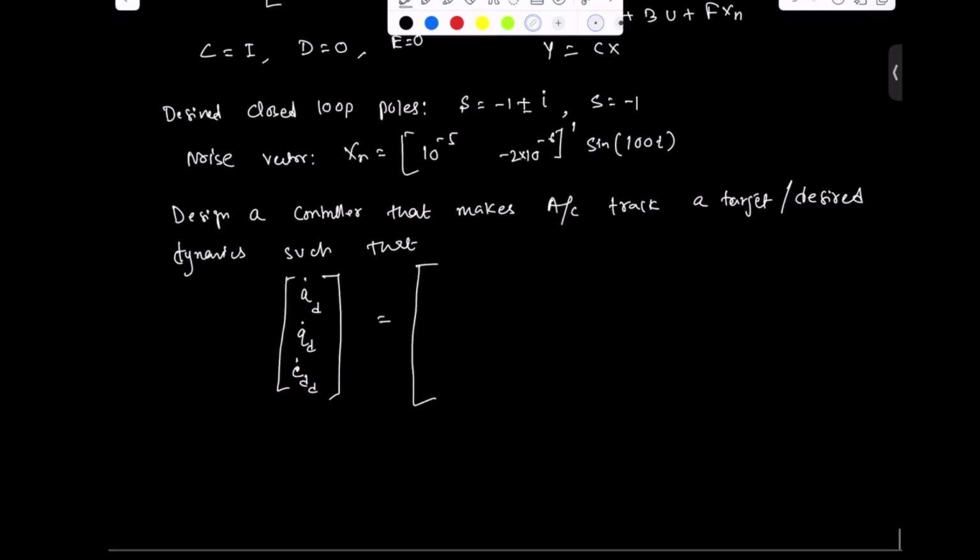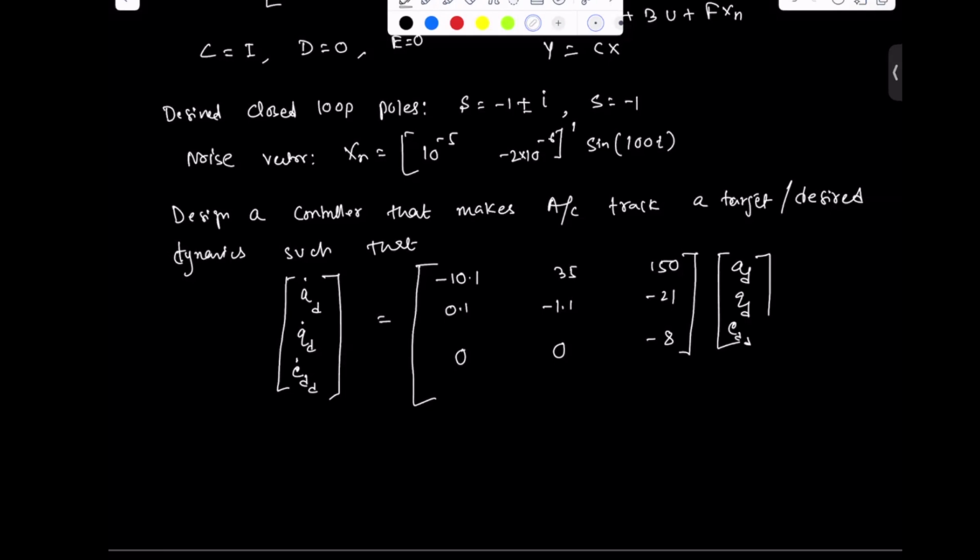And the A_d matrix we are assuming is 10.1, 335, 150; 0.1, minus 1.1, minus 21; 0, 0, minus 8, and we have the x_d and u_d here.